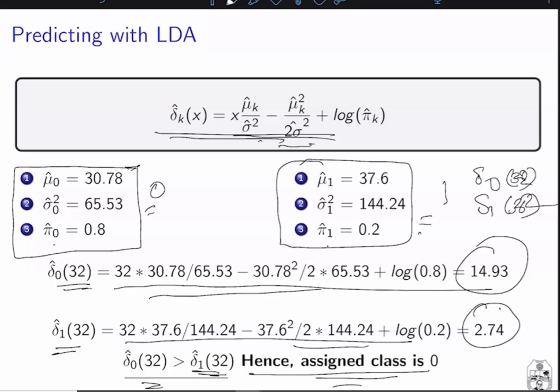This is the way in which we use the density function to predict the class labels using linear discriminant analysis. Here I am summarizing the working of linear discriminant analysis again. Linear discriminant analysis is a supervised machine learning algorithm. Like logistic regression, linear discriminant analysis calculates the posterior probability.